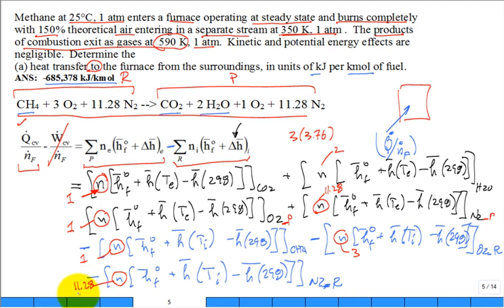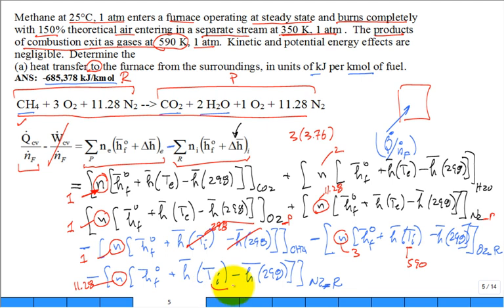All right, for the methane, the temperature coming in is 298, so the difference here cancels. The delta H for the methane cancels for the fuel. But for what comes in for our oxygen, it came in at 590.